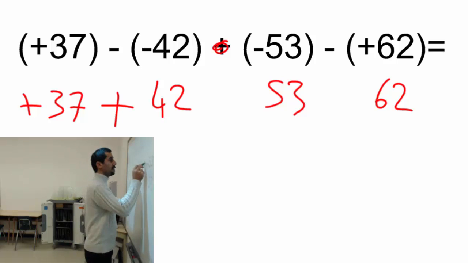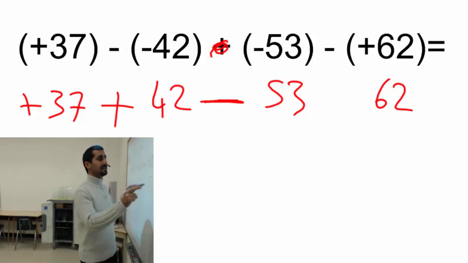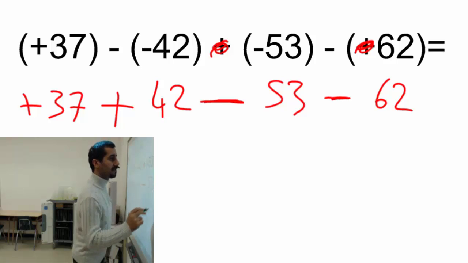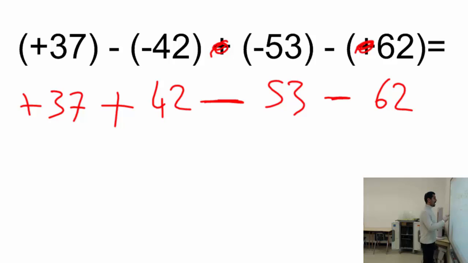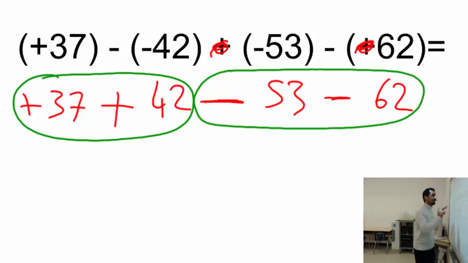This one has 1 positive, 1 negative. Just 1 negative comes there. And this is the same the other way around, but it's the same. Negative sign goes here. So now what we do here is I'm going to do 2 by 2, and that will help me to finish this question faster.